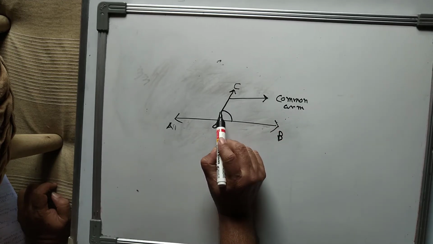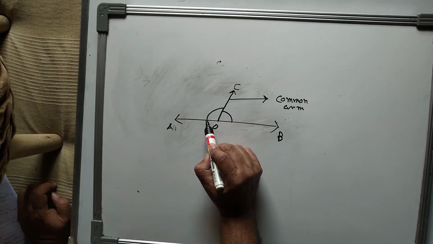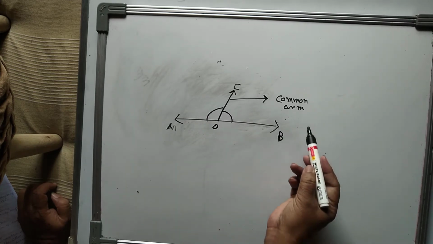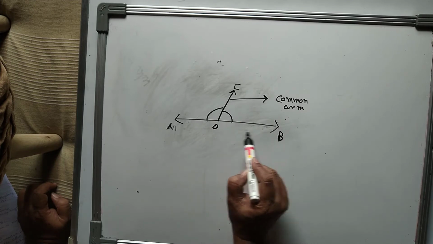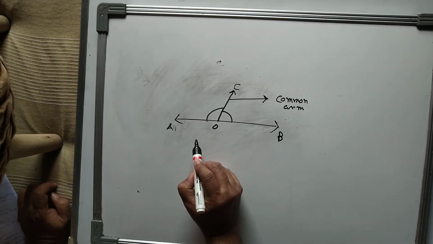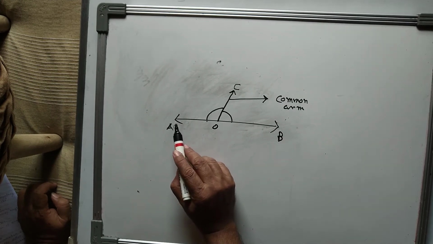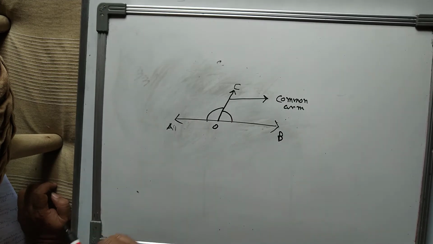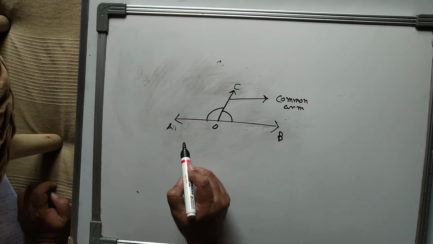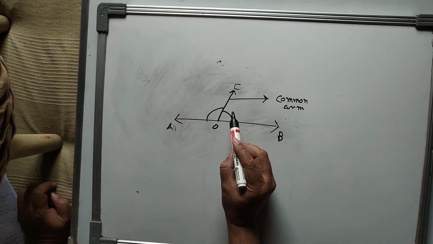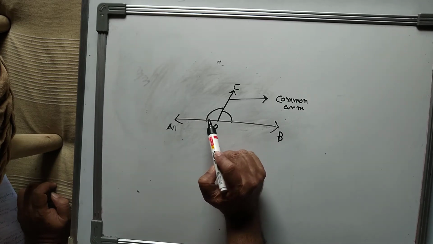There is an angle and there is an angle, the common arm of angle BOC and angle AOC. They are said to be adjacent angles because they have the common arm OC.